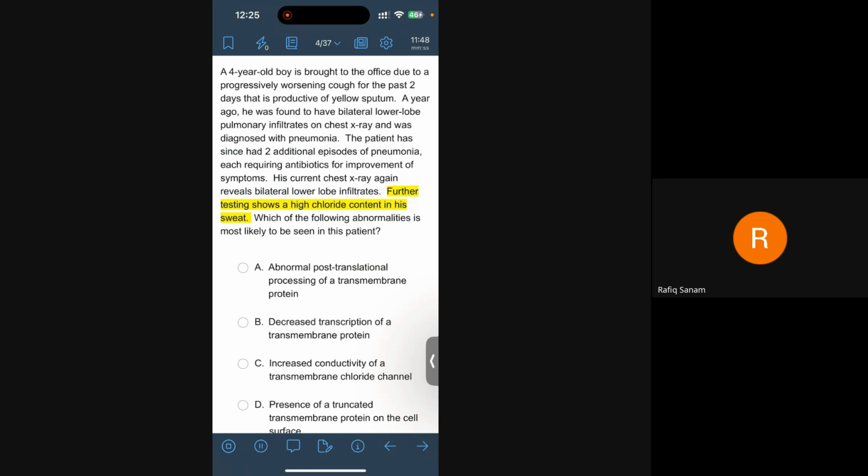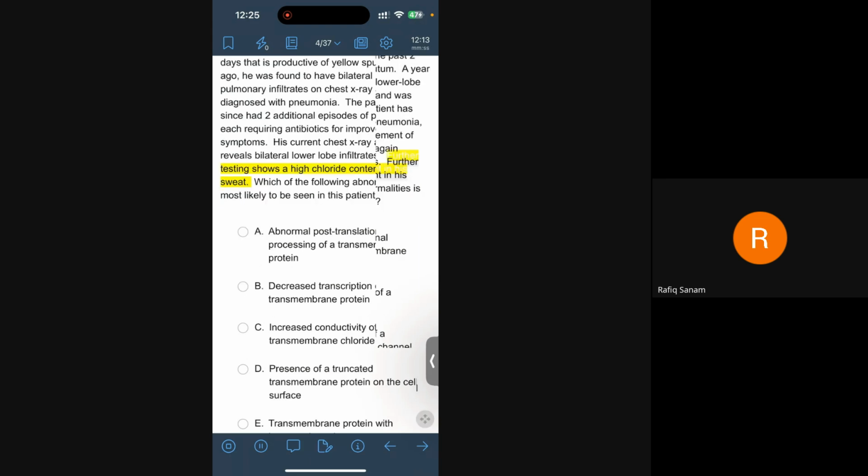So we know that the chloride sweat test is a very specific test for cystic fibrosis, and the patient age is 4 years. He has recurrent chest infections and pneumonia. All of these findings are telling us that the diagnosis in this question is cystic fibrosis.